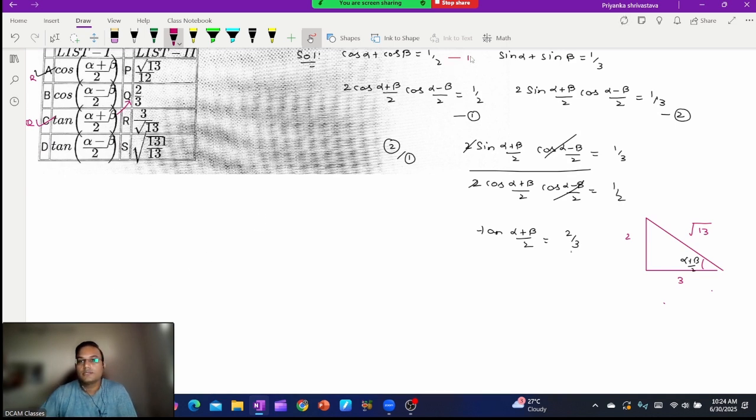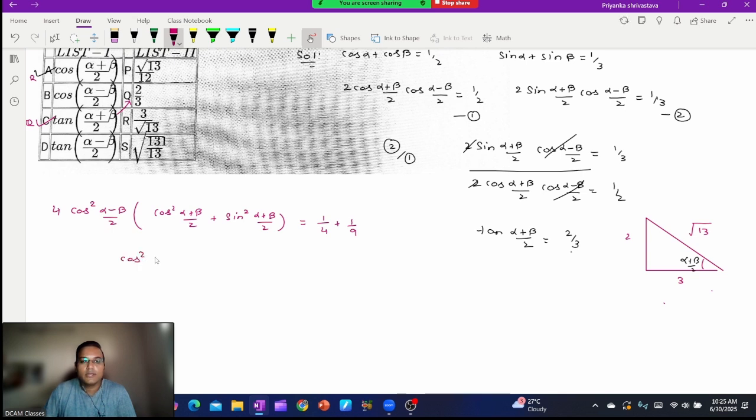Now trying to get the value of cos of (alpha minus beta) by 2. This one is our first equation, this is our second equation. Just do one thing: square and add. So you will have 4 cos square (alpha minus beta) by 2 will come out into cos square (alpha plus beta) by 2 plus sin square (alpha plus beta) by 2. We know cos square plus sin square of (alpha plus beta) by 2 is 1. So it will be 1 by 4 plus 1 by 9. So this part is 1.